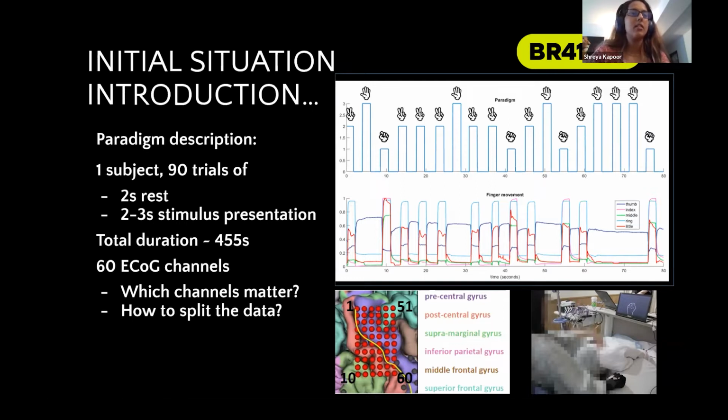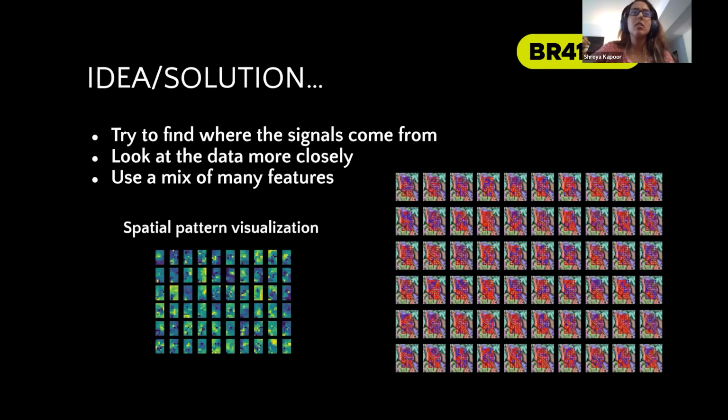With the help of this data, we wanted to answer the questions: which channels actually matter, and how do we organize and split the data for a classification problem. So we chose a classification problem, and I'll explain this in the next slide. First of all, we went with a very exploratory visual analysis approach.